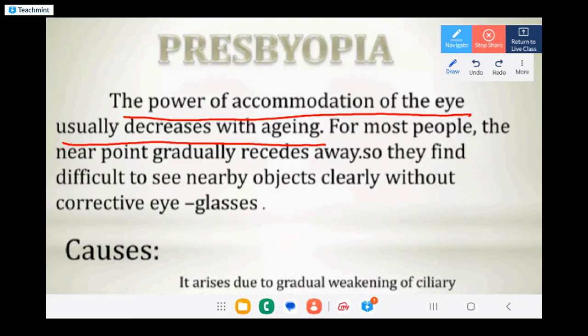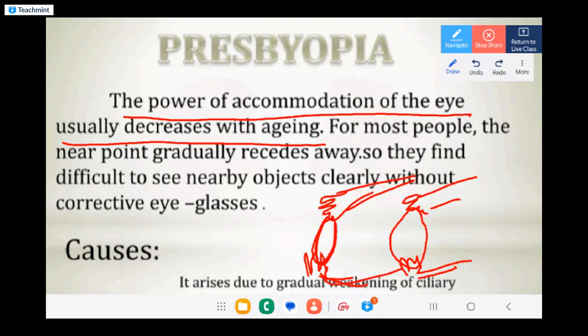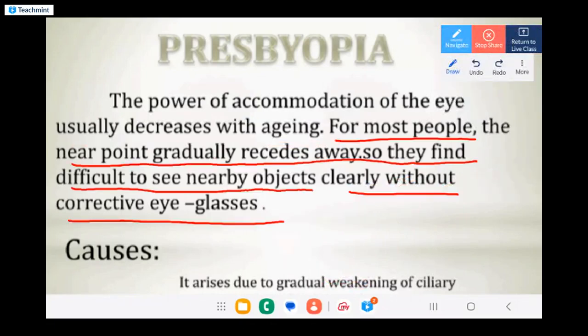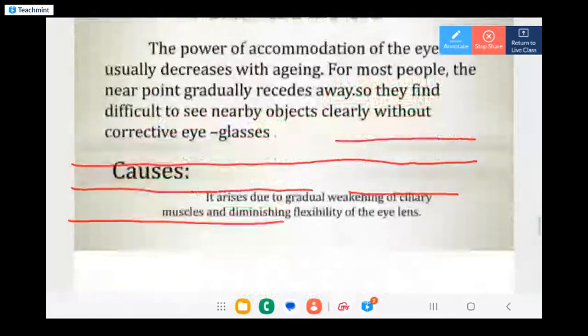This is a natural adjustment that our eye does, and this adjustment is called the power of accommodation of the eye. Now, with aging, the ciliary muscles particularly become very weak and loose, and there will be a time when the person will not be able to see things nearby, and not even things kept at a far distance. For most people, the near point gradually recedes away, so they find it difficult to see nearby things clearly without corrective eyeglasses.